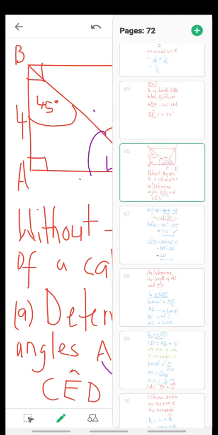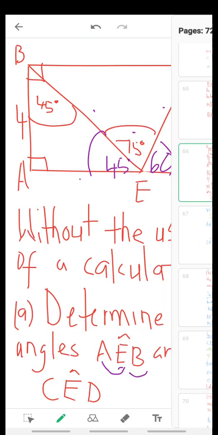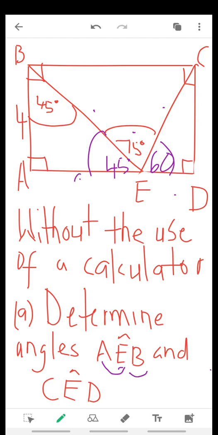Well done. Angles that lie on a straight line add up to 180, or adjacent angles on a straight line are supplementary. Okay, now let's go to B. Determine the length of AE and ED. AE, we are looking for this here. Remember, triangle ABE here is a right angle triangle.